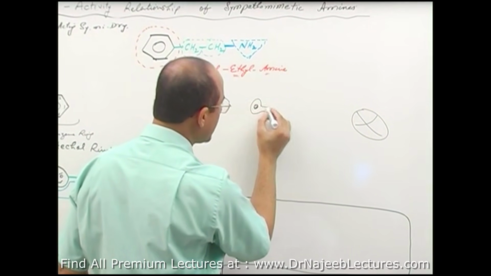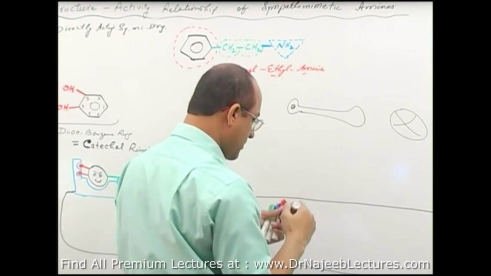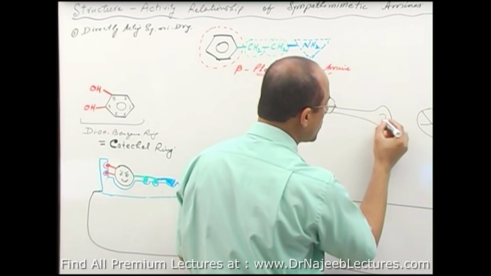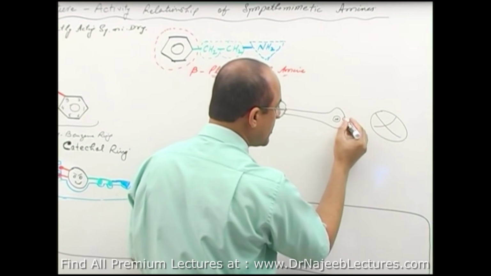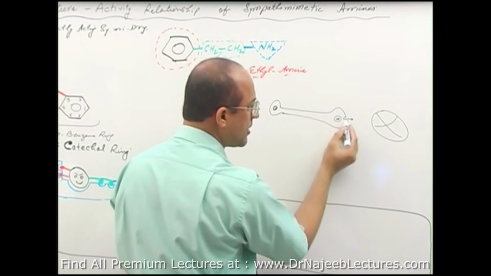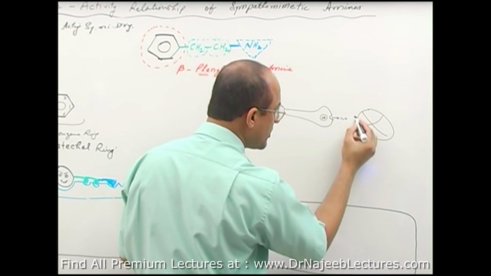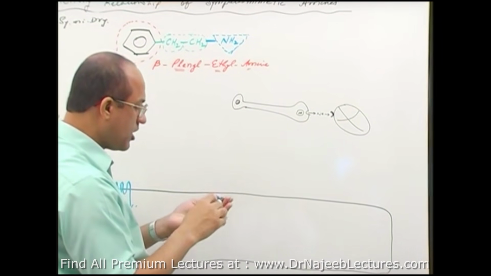There is your heart, and this is a sympathetic nerve ending, right? You know that norepinephrine is stored in the vesicles, and from the vesicles, when sympathetic stimulation comes, norepinephrine is released, and then norepinephrine works on its receptor. Is that right? Now listen.